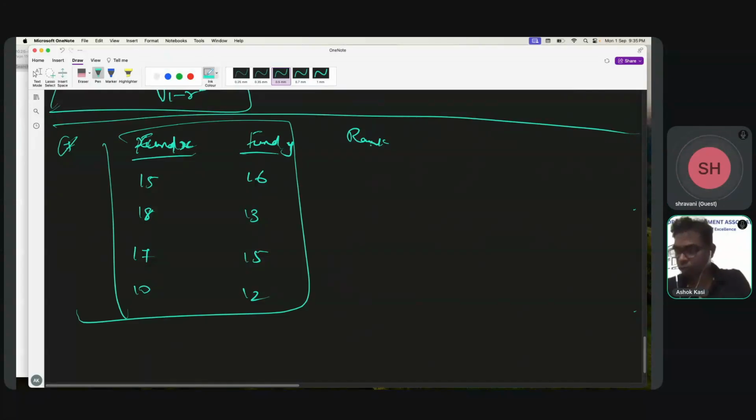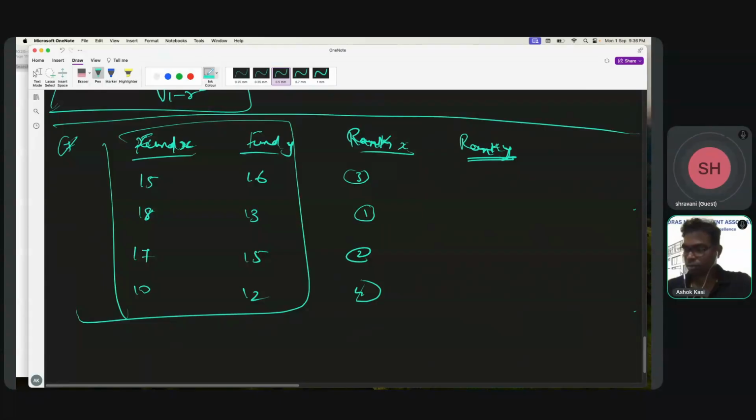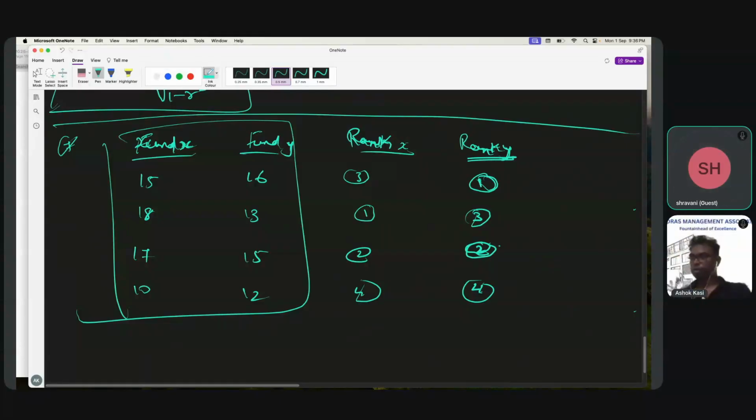Now rank for fund X: this one first rank, this should be second rank, this third rank, this fourth rank. Then rank for Y: this is first rank, second rank, third rank, fourth rank. Okay, this is the rank.